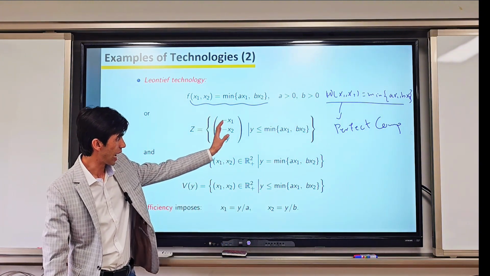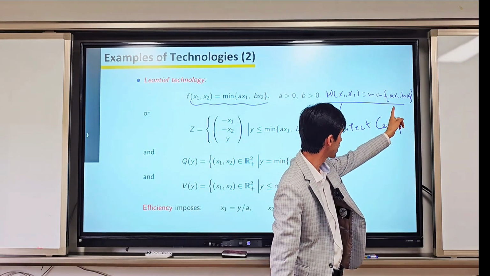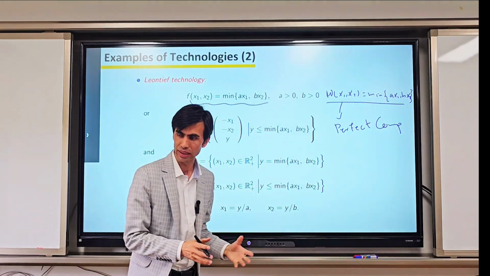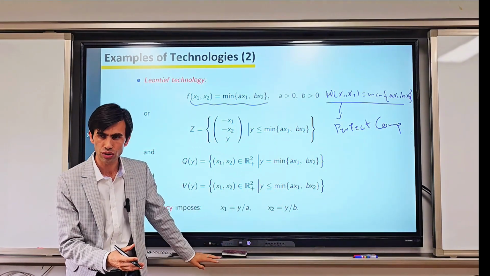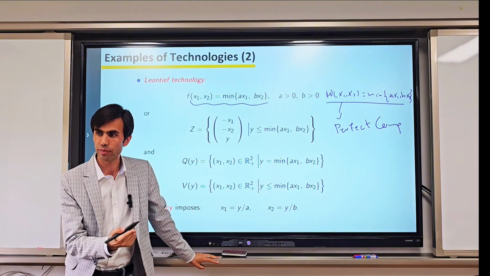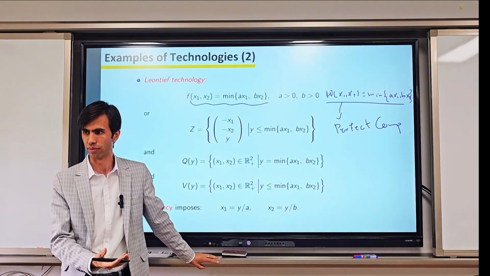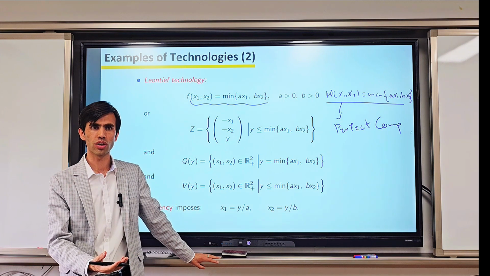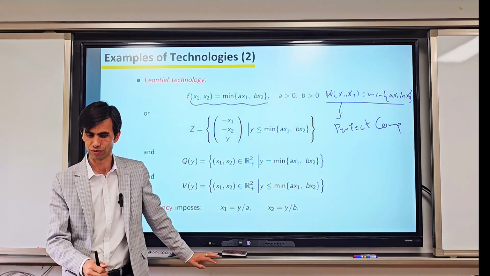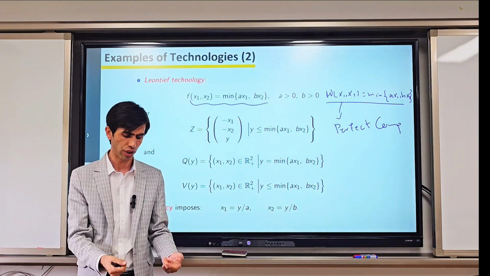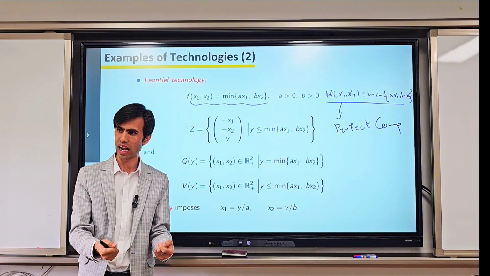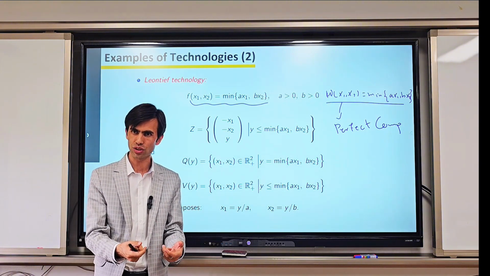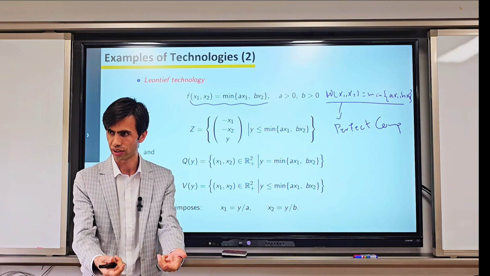As we had in perfect complement, these two goods are complements; you cannot use each of them in isolation. You have to use both of them. For example, you cannot use a car without a tire for driving somewhere, because the purpose of having a car is transportation.